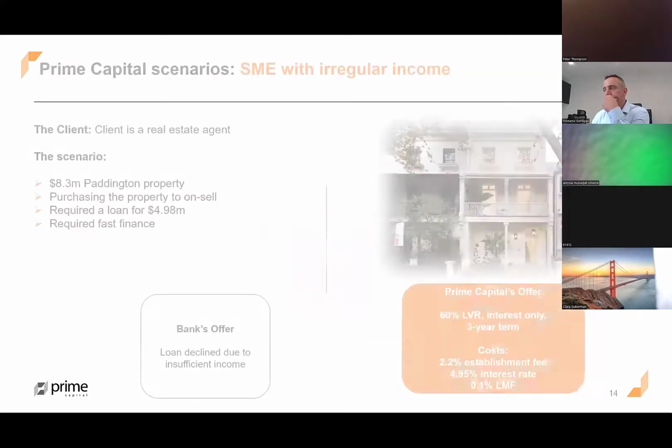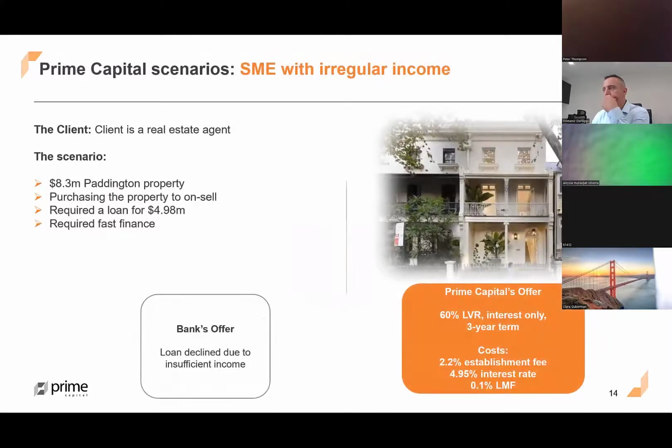So I'll just give you a couple of examples of things we've done. For example, we have real estate agents that come to us quite often. They get the dibs on really good properties, and they need quite a bit of funds to purchase it and on sell. An example: we had a real estate agent buying an $8.3 million Paddington property, and he needed $4.98 million.